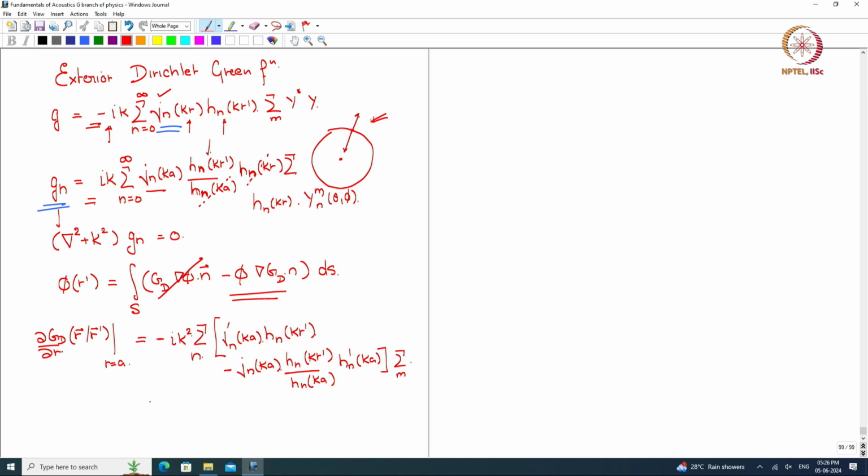So now if we look at this, I have minus i k square summation over n Hankel function k r dash and j n dash k a, minus Hankel n dash by Hankel n j n.